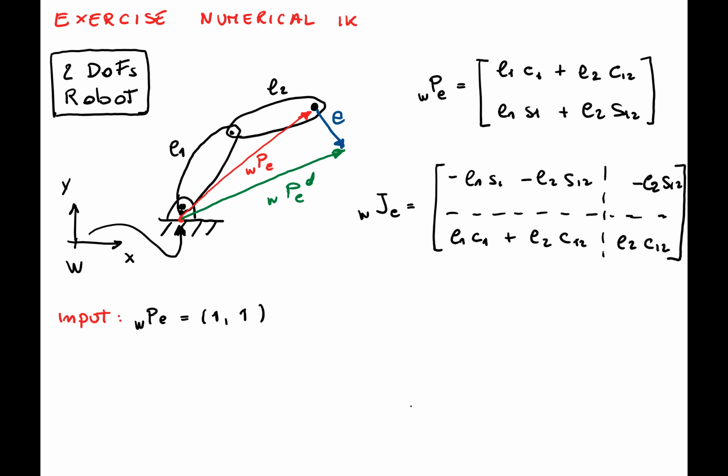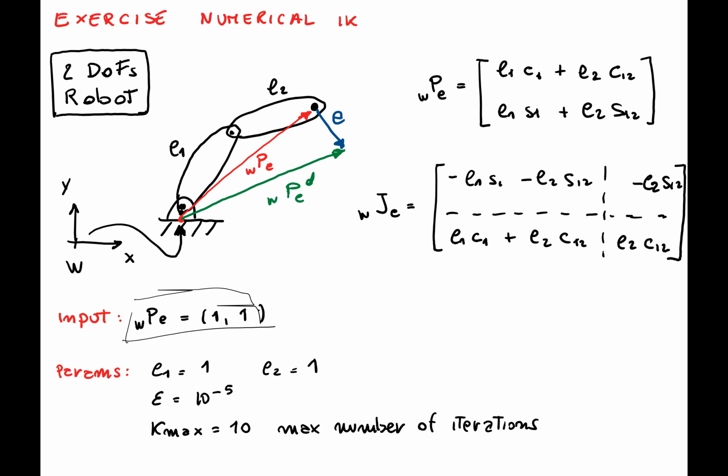We have as input, for example, the position of the end effector located at (1, 1), and the links are 1 meter long. We want to achieve a convergence of 10 to the minus 5, or at most 10 iterations. So we stop after 10 iterations if we didn't achieve this convergence.